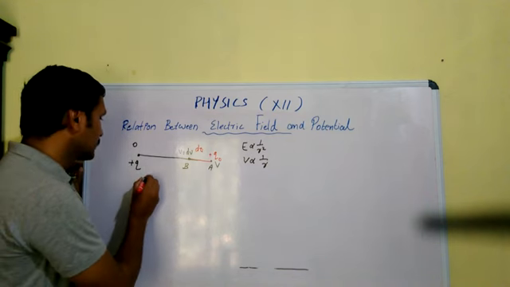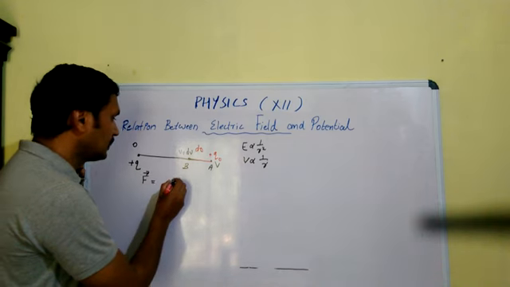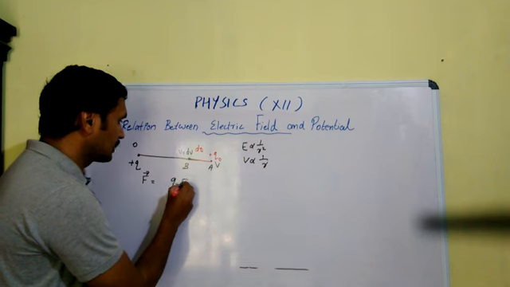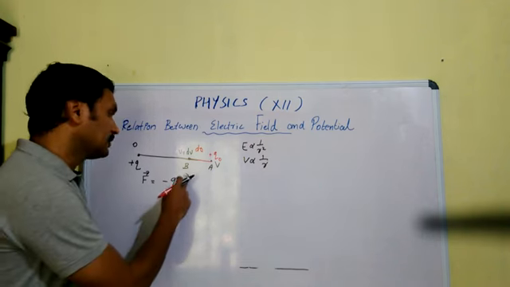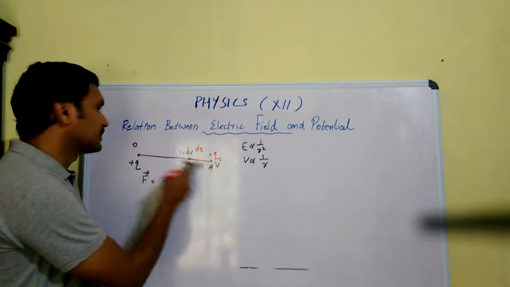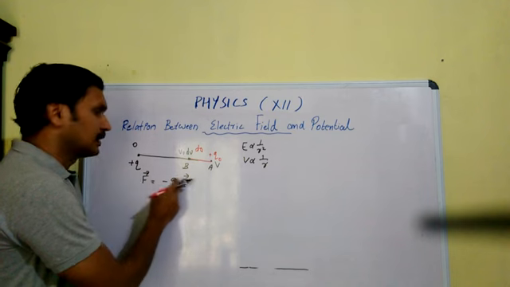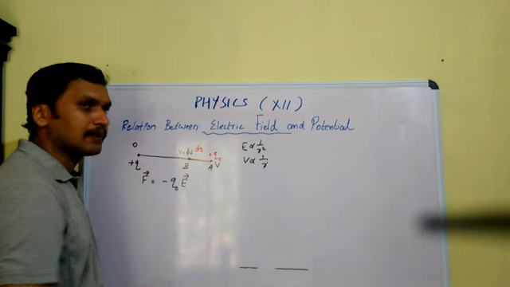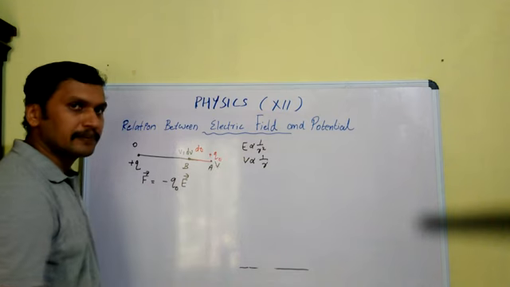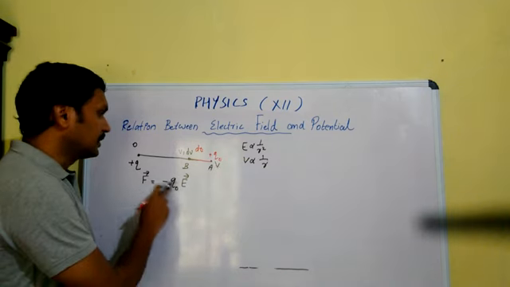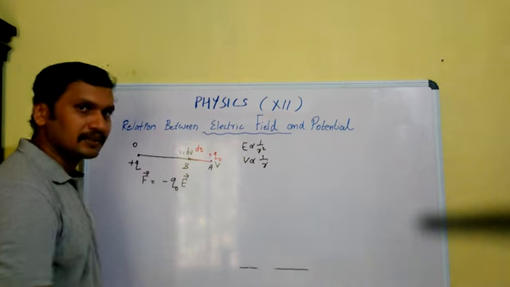That force can be written as F equal to minus Q0 E. I am putting a minus sign because we have to apply the force in the direction opposite to the electric field, so that we can move the charge from A to B. This force should be equal to Q0 E in magnitude, otherwise the charge will be accelerated.